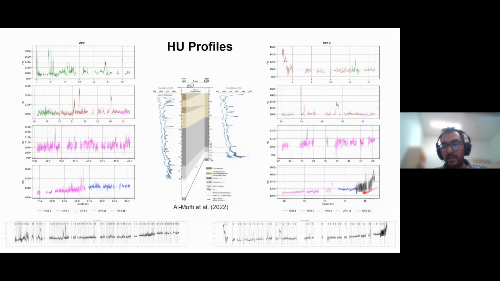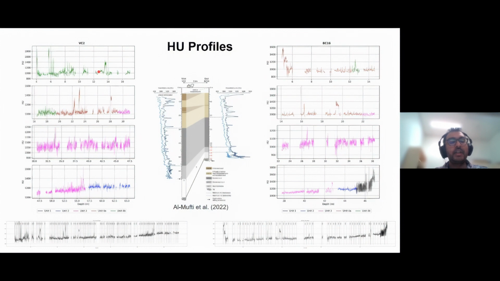Particularly if you look at BC16, you can see clear cyclical variations in HU values in Unit 1, which is the same for almost all the other units. You also can see there are some gaps in these HU profiles. These gaps exist because there was no core recovered at these depth ranges.